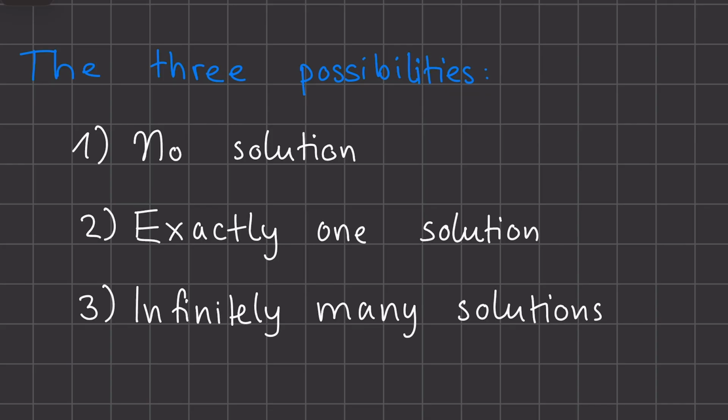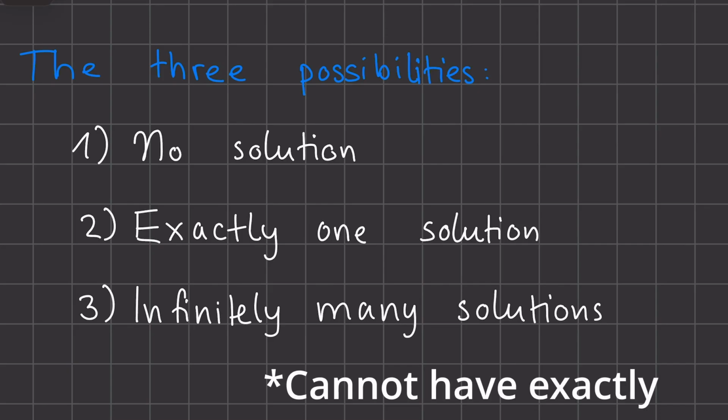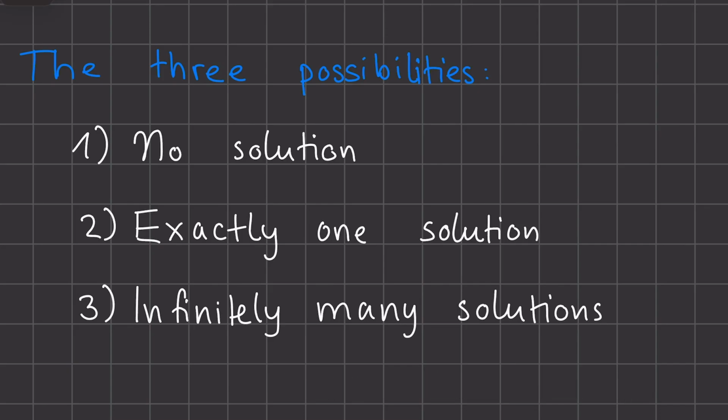It is not possible for such a system of linear equations to have a finite number of solutions that is not 0 and not 1. This means that our equation Ax = b cannot have 2 solutions, cannot have 3 solutions, it can't even have 10 million solutions. It either has 0, 1, or infinitely many.